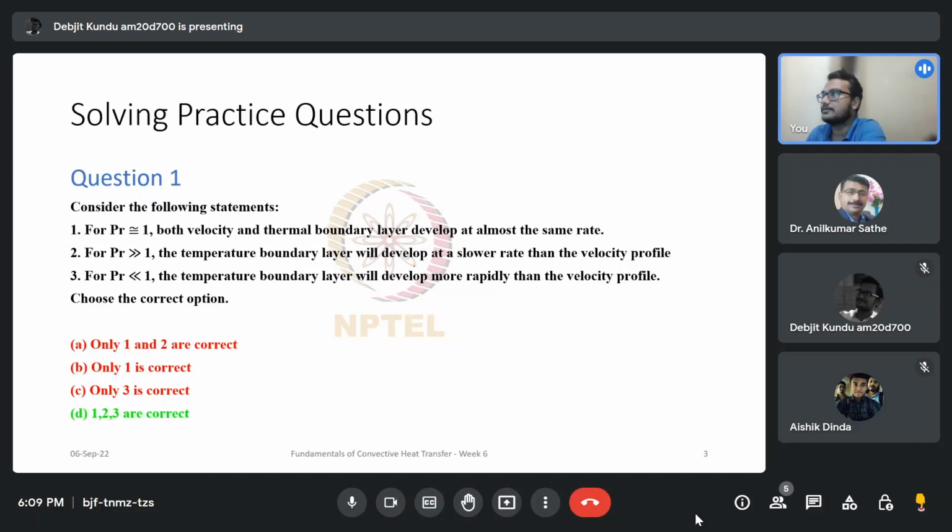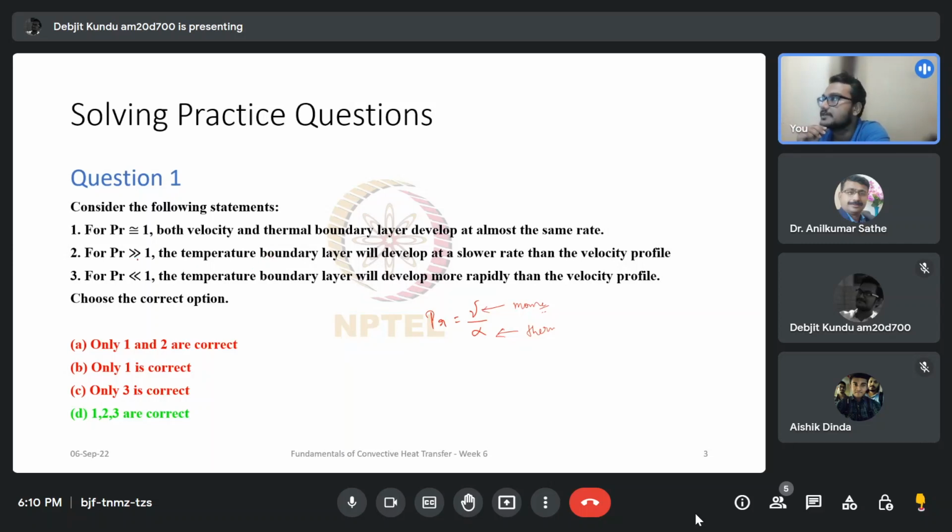So Prandtl number is nothing but the momentum diffusivity over the thermal diffusivity, and the growth of the boundary layers is proportional to these diffusivities. So the momentum diffusivity depends on this, and the thermal diffusivity depends on this. So if Prandtl number is almost of order 1, then the hydrodynamic boundary layer and the thermal boundary layer develop at almost the same rate.